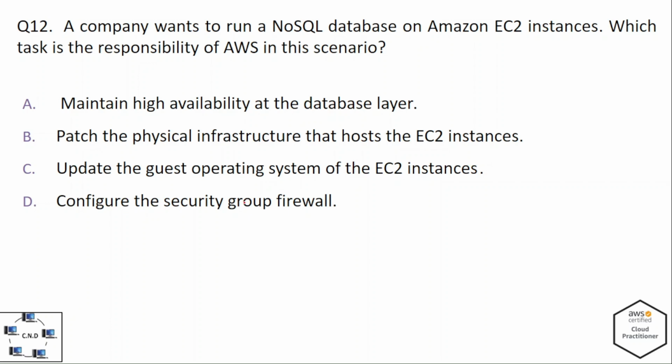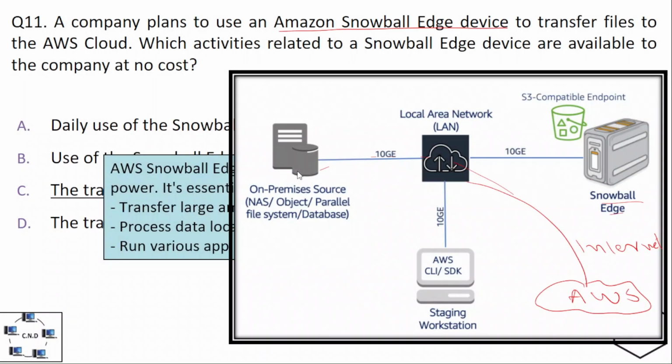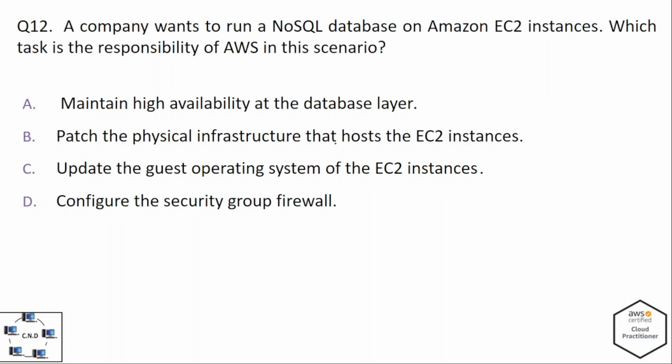And D. Configure the security group firewall. And the correct option of question number 12 is that patching the physical infrastructure that hosts the EC2 instances is the responsibility of AWS.